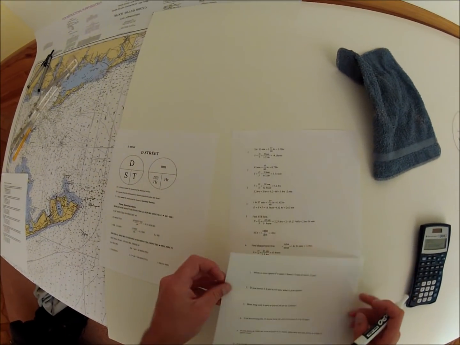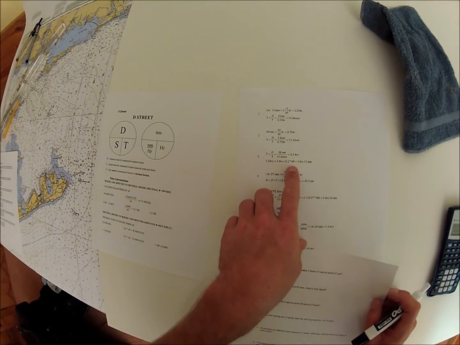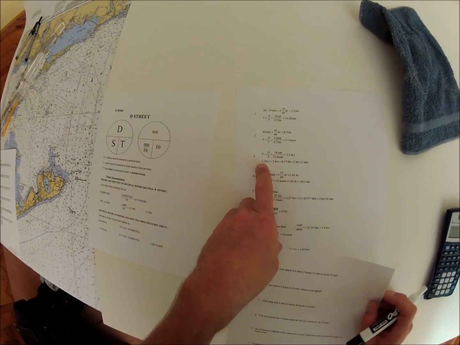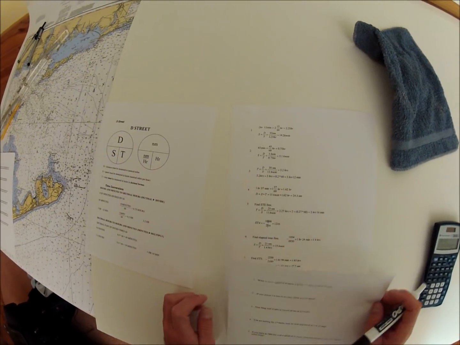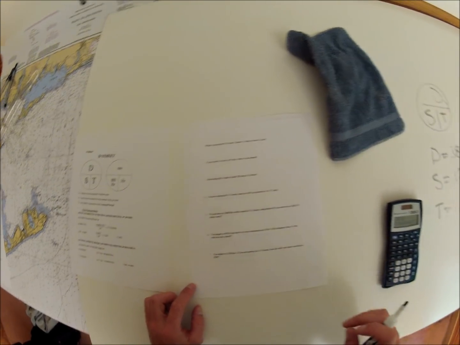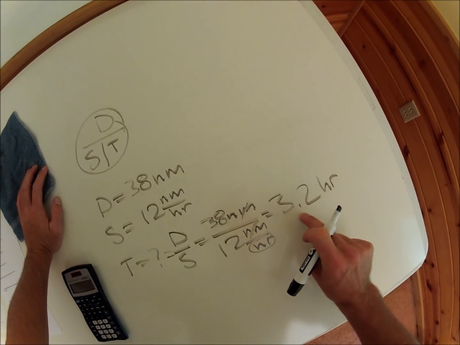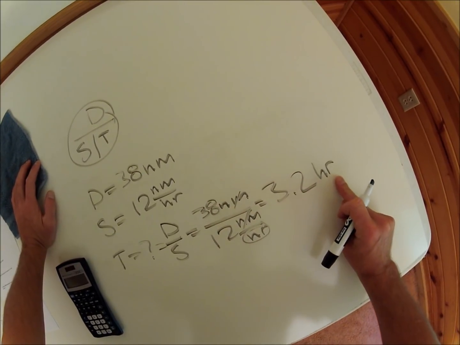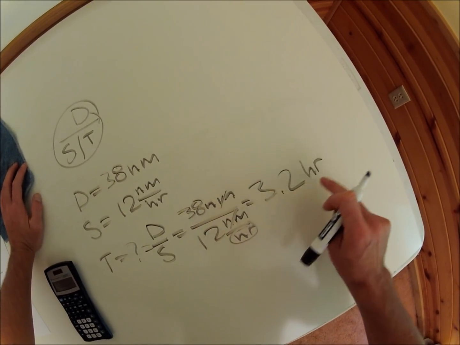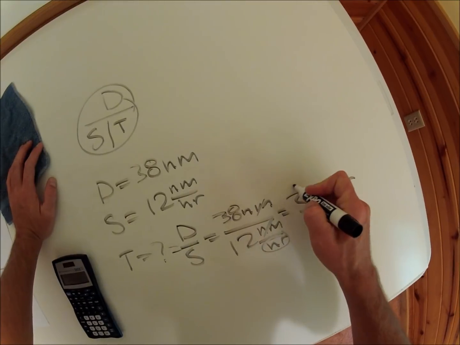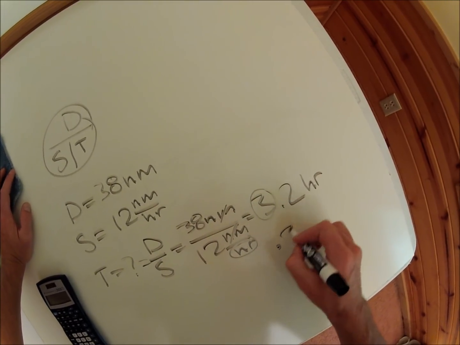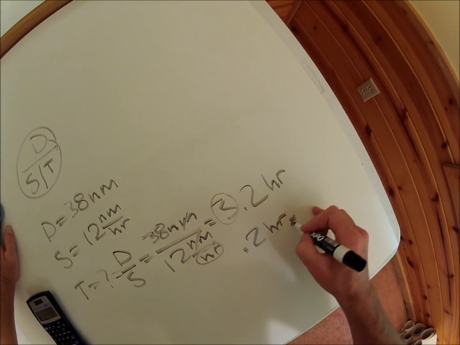Okay, 3.2 hours. So this is number 3, right? Well, it wants to know how many minutes. So this 0.2 hours, we have to convert to minutes. We have 3 hours, this is good, and 0.2 hours.